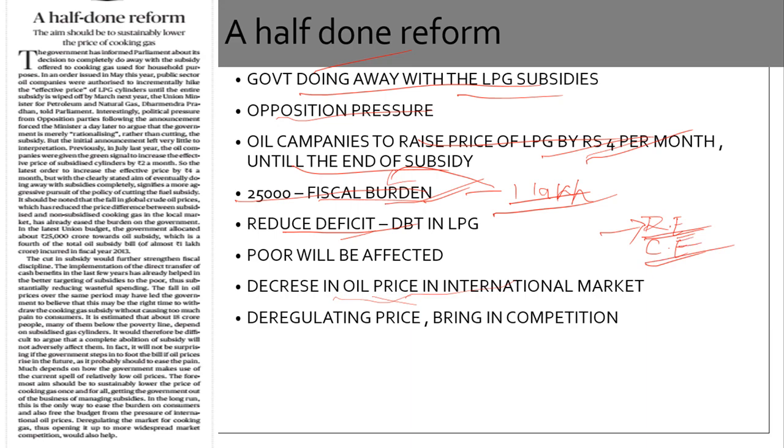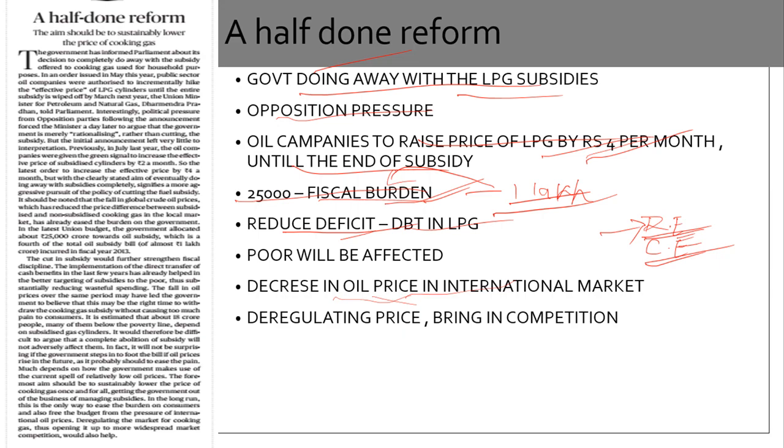Fine. So this article tries to say that the implementation of the direct benefit scheme in LPG has benefited a lot, especially the poor, and even the reforms in direct benefit transfer, that is, targeting only the poor or those below the poverty line, have helped the government reduce wasteful spending.